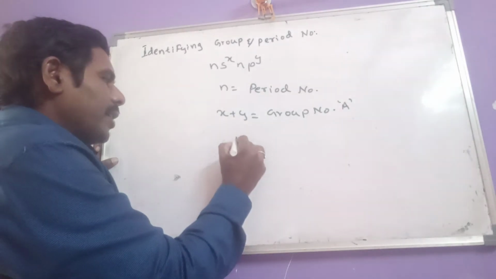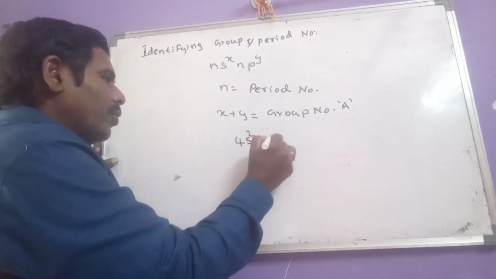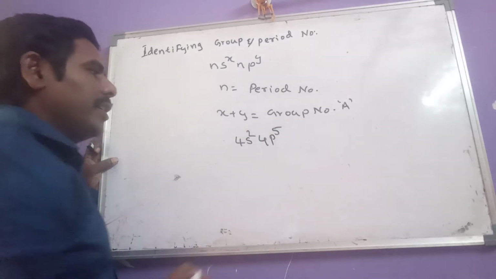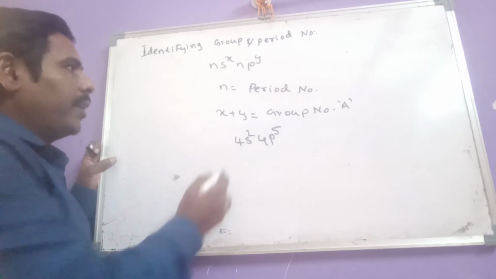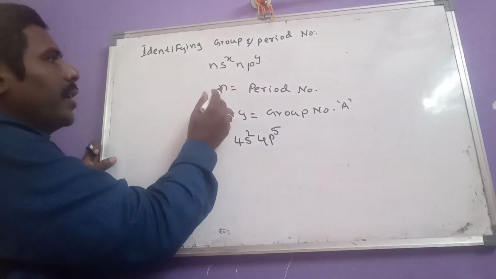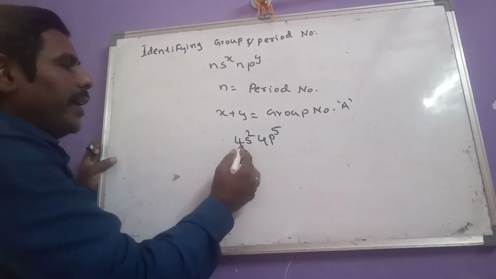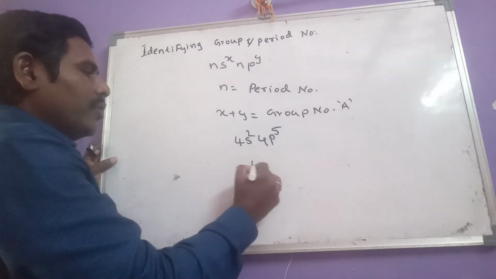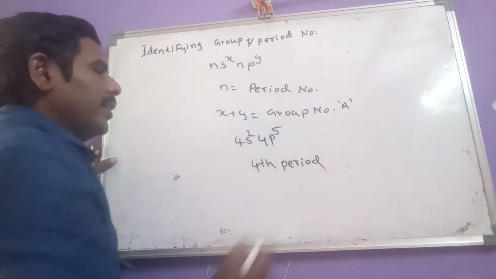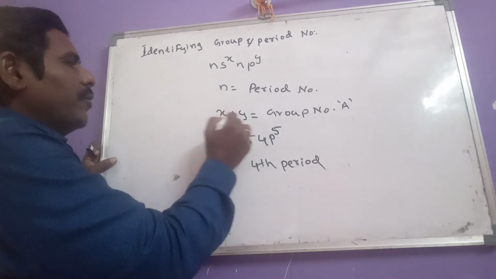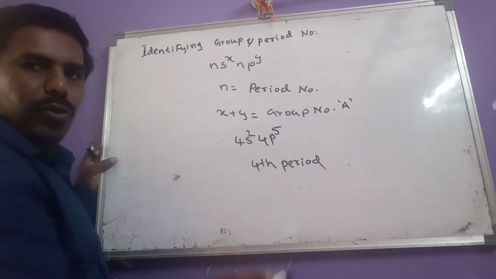I will give one example here. One element is having 4s2 4p5 configuration. What is its period number and group number? As per our description, this n value indicates the period number, so this element belongs to the fourth period, and the x plus y value indicates the group number.